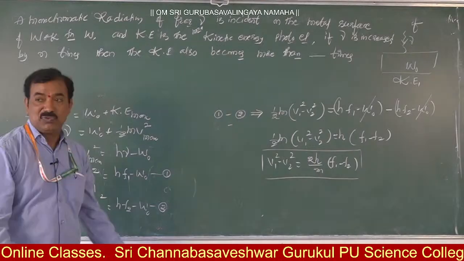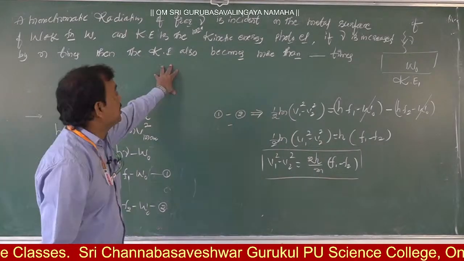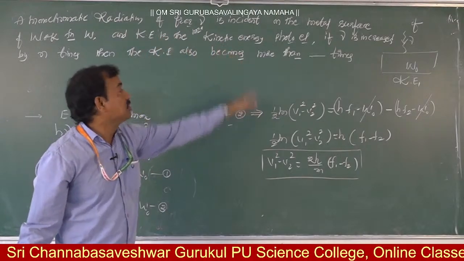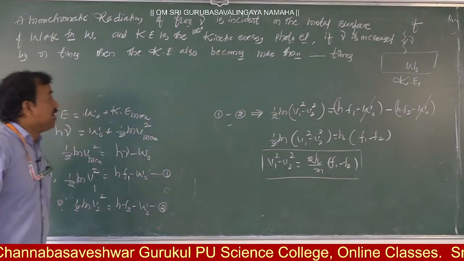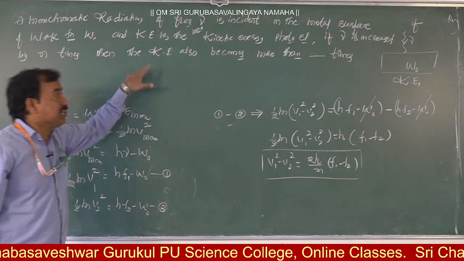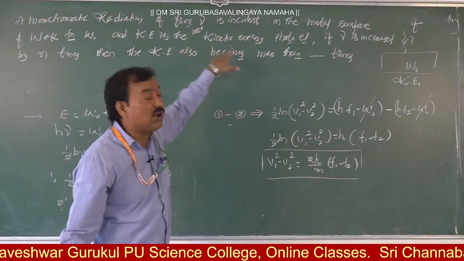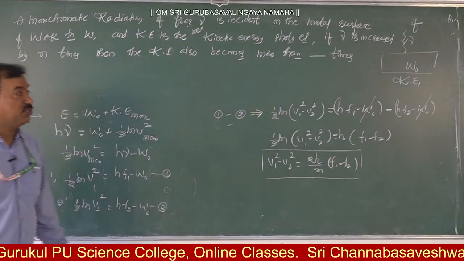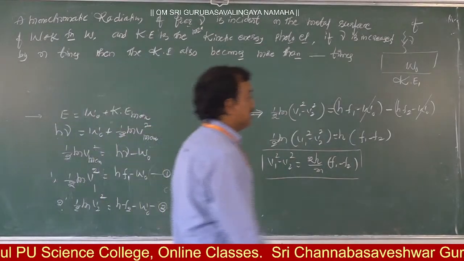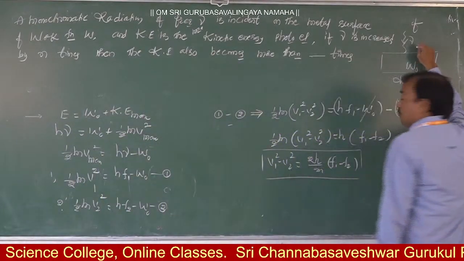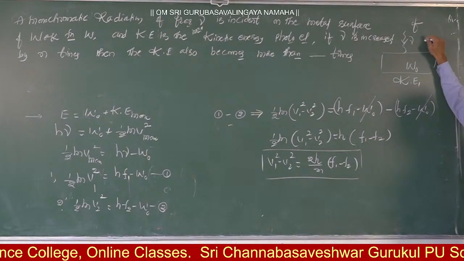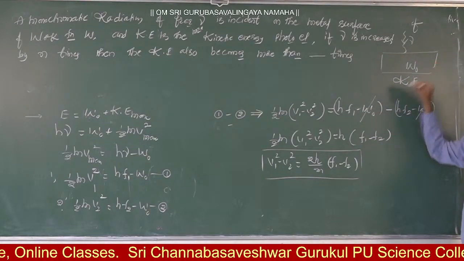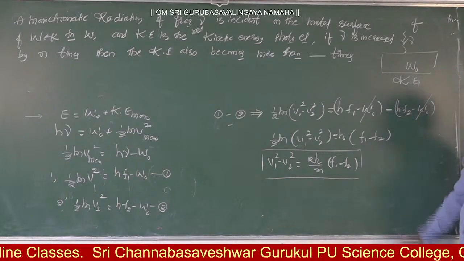Just imagine this question once again. Whenever the incident light frequency is increased by n times, the kinetic energy becomes more than how many times? Here the incident light frequency is nu, the work function is W naught, and the kinetic energy is KE.